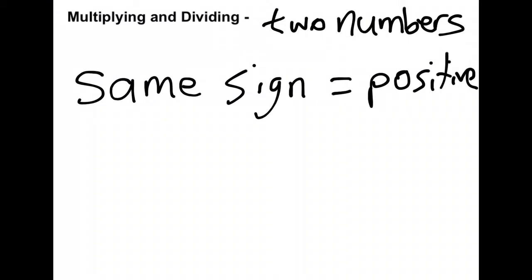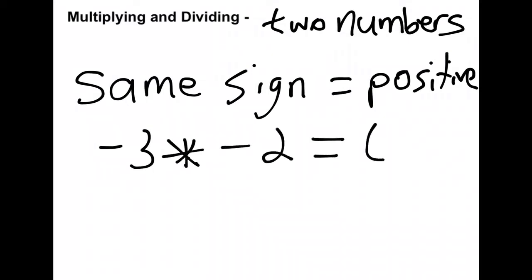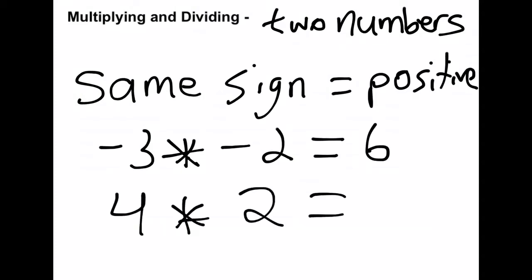For example, negative 3 times a negative 2 is going to come out as a positive 6. In the same way that 4 times 2 will come out as a positive 8. So, same sign being multiplied, negative and negative, comes out positive. Same sign being multiplied, positive and positive, comes out positive.